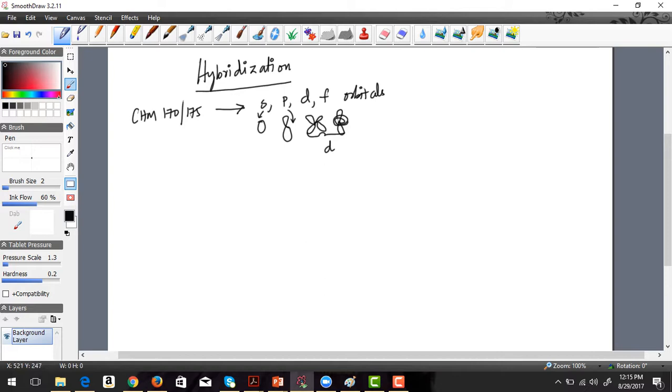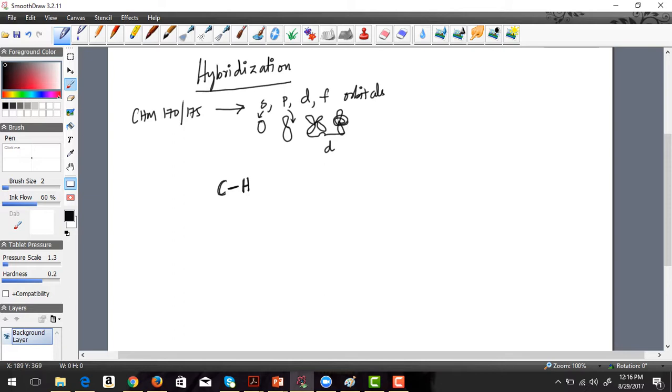So when a carbon combines with a hydrogen, let me just say for one, again I don't want to go too far into the concept, we have a sigma bond, right? This is a single bond, from the orbitals of carbon and hydrogen.